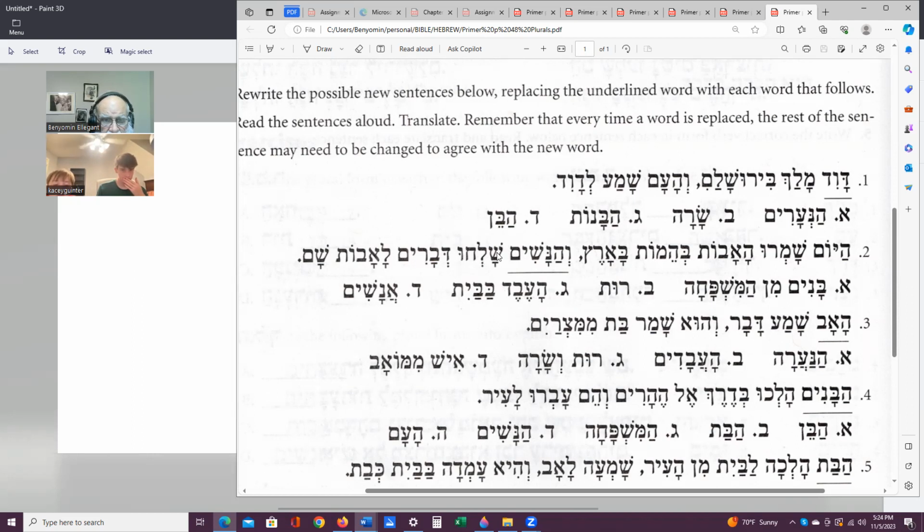She's sending. Sholcha. The word here for root would be sholcha. She sent. It's a singular feminine verb. She sent. Let me just double check. Sholcha.